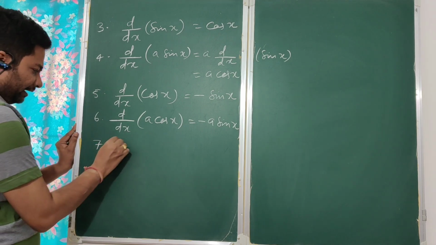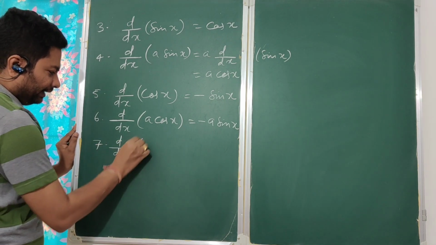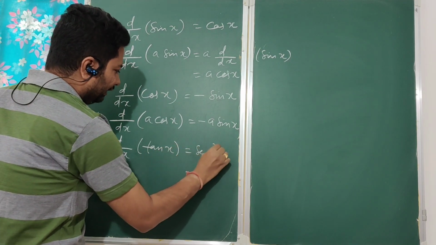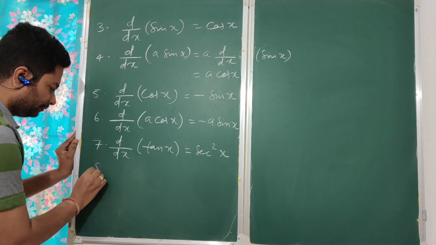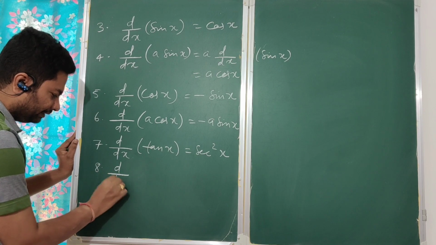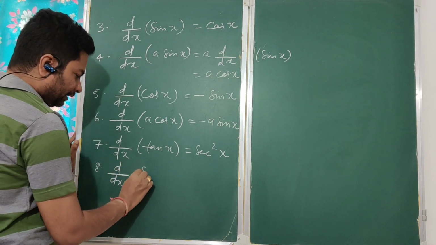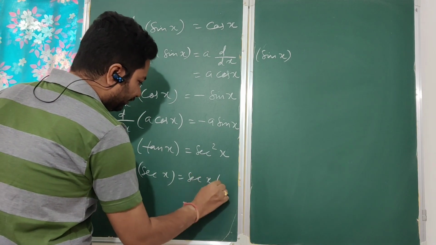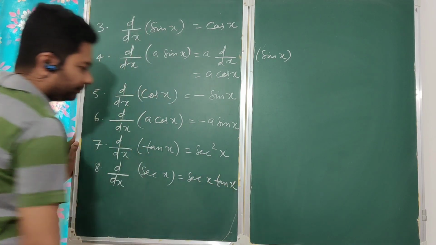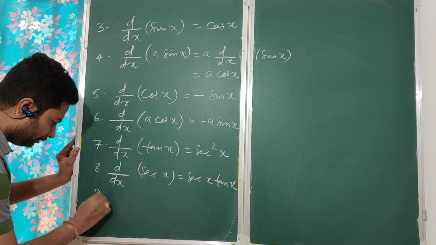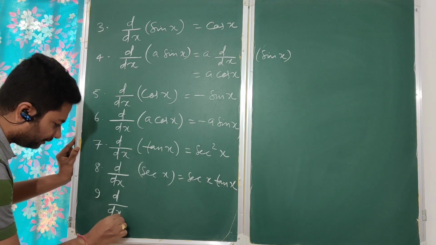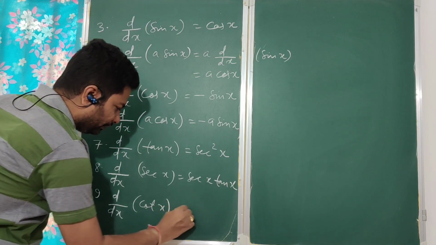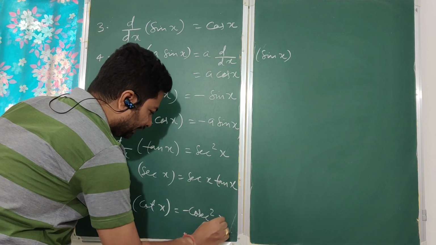Then you can have d by dx of tan x, and this is equal to secant square x. You can have d by dx of secant x, and this will be equal to secant x tan x. You can have d by dx of cot x, and this is equal to minus cosecant square x.